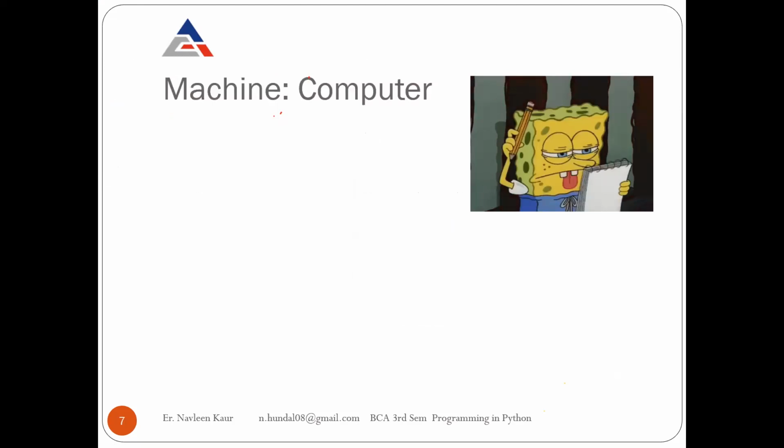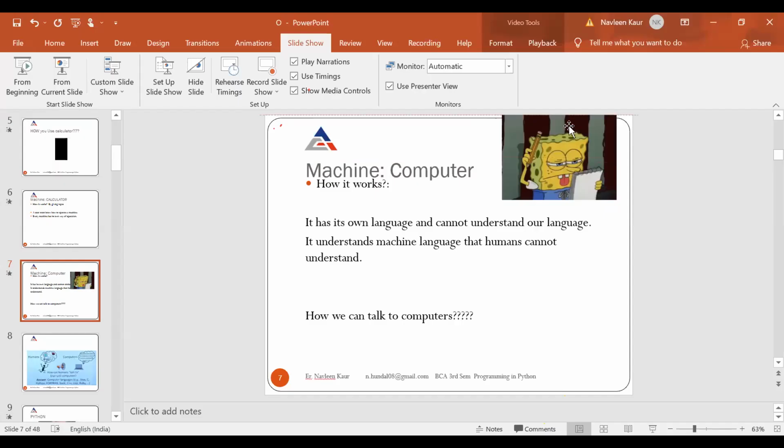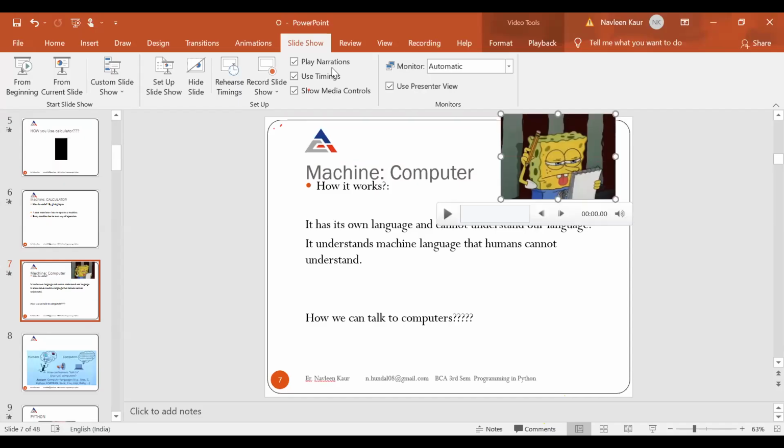Now let's talk about the computer. A computer is also a machine. How does it work? It has its own language, right? And that language cannot be understood by humans, right? Let me start it from here again.